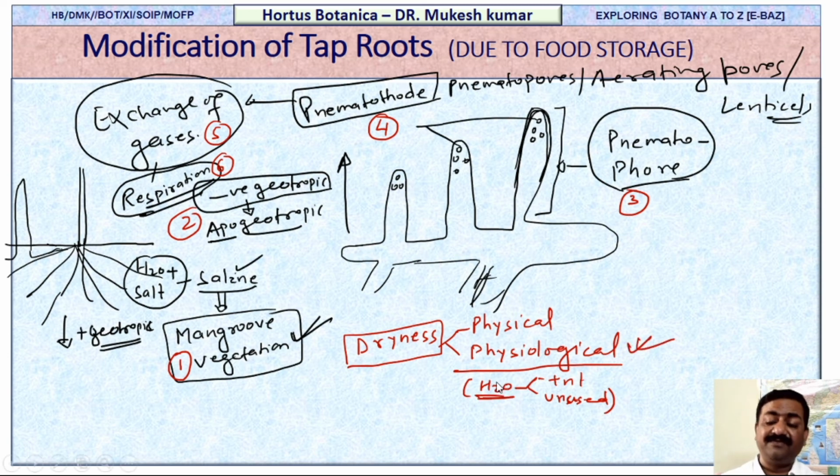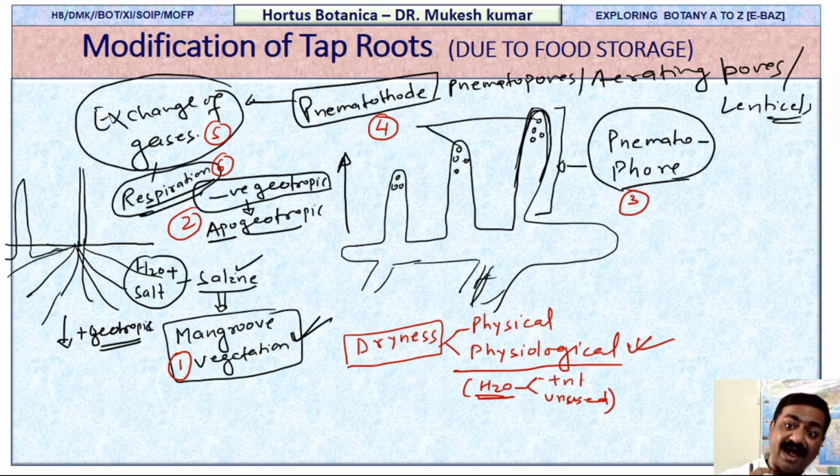Okay. Similarly, we say physical and physiological darkness. Right? If complete light is off, dark is there. This is physical darkness. But once you see the sun at 12 o'clock, just see the sun, and after 1 or 2 minutes, just you see another part away from the sun. What will you find? You will find nothing. No visibility is there.